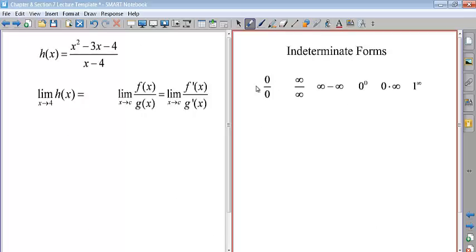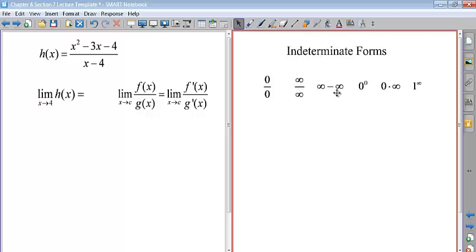And back in chapter 1, we had this indeterminate form, 0 divided by 0, but there are a lot of other indeterminate forms. You can have infinity over infinity.